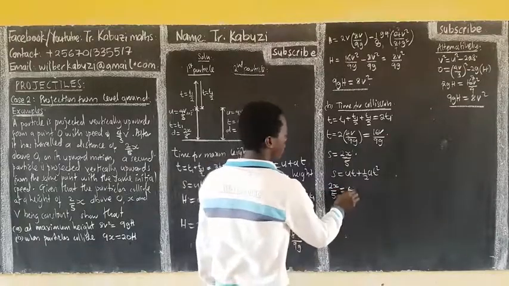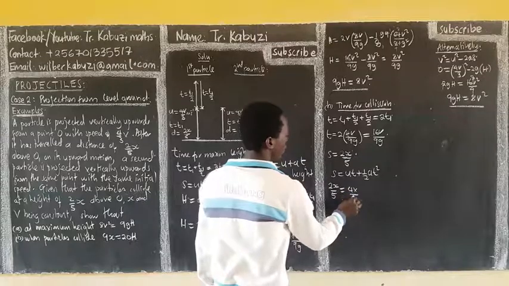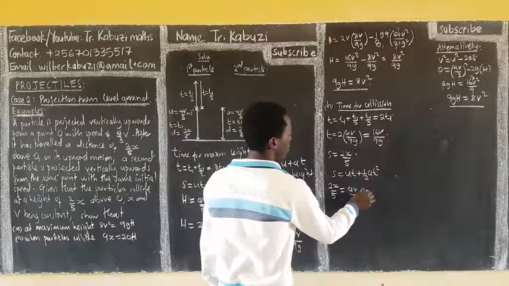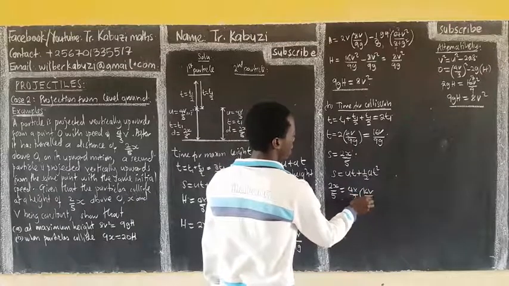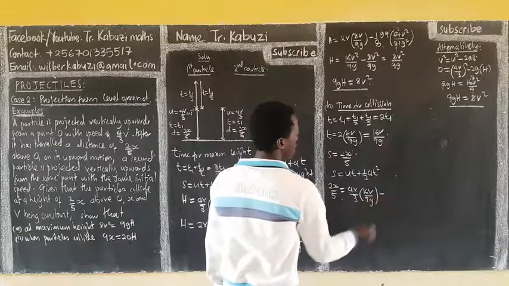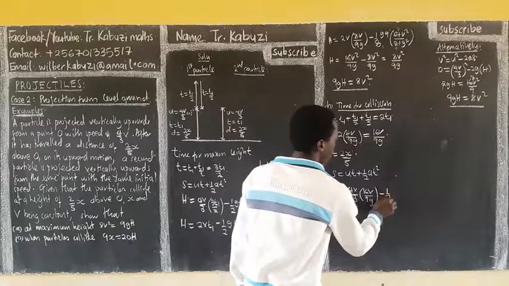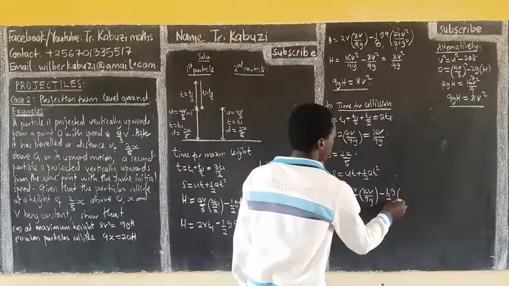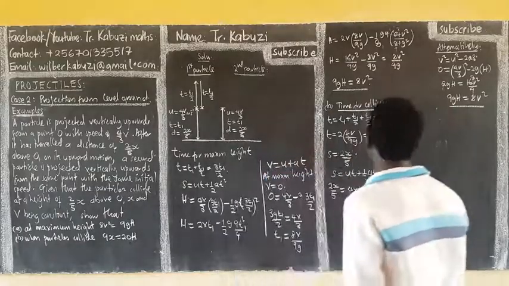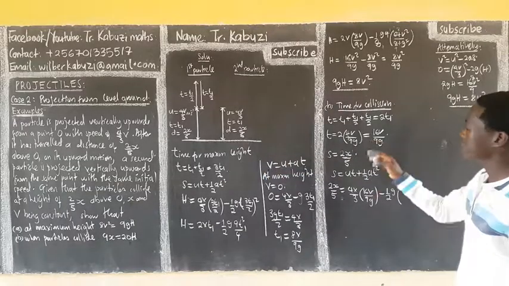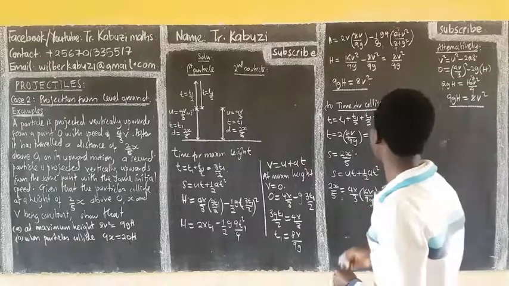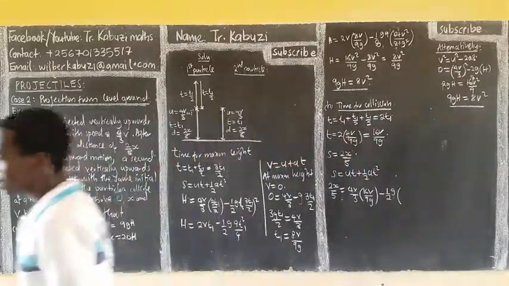So this will give us 2x over 5 equaling u, where u is 4b over 3, times 16v over 9g, then minus a half g times t squared. Now this is our t.